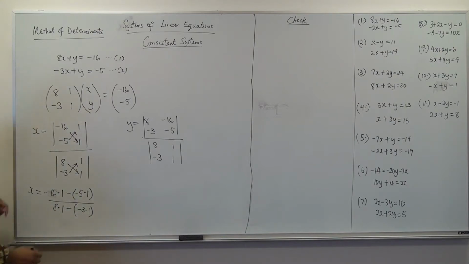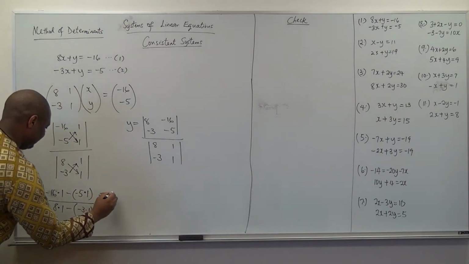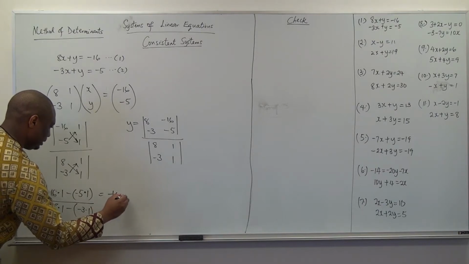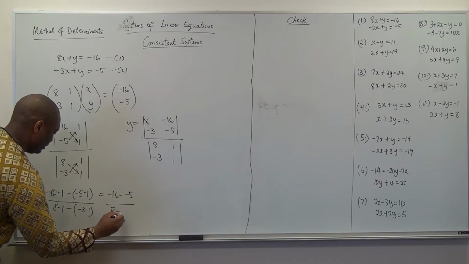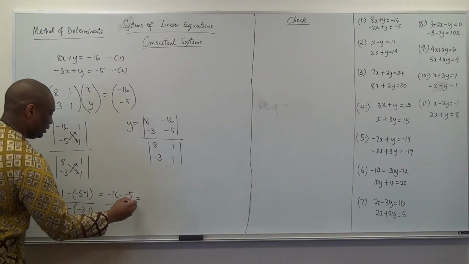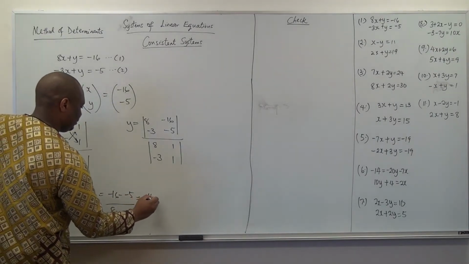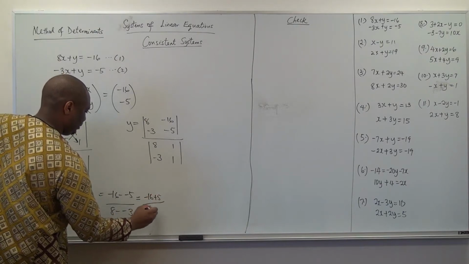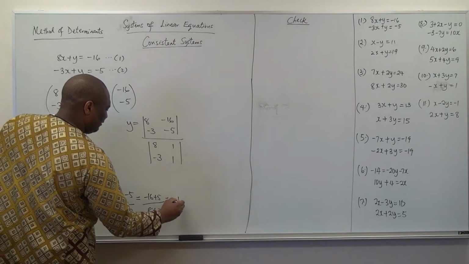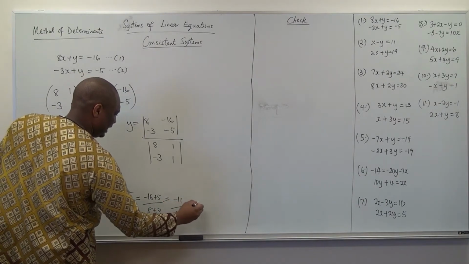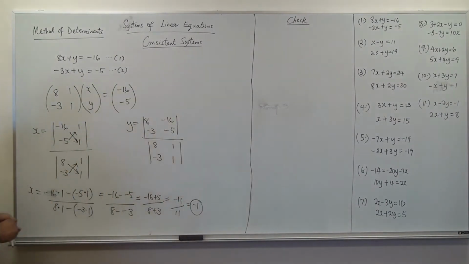You see? So this becomes what? Negative 16 minus negative 5 all over 8 minus 3. So this becomes negative 16 plus 5 all over 8 plus 3. And that gives what? Negative 11 over 11, which is negative 1. So our x is negative 1 already.